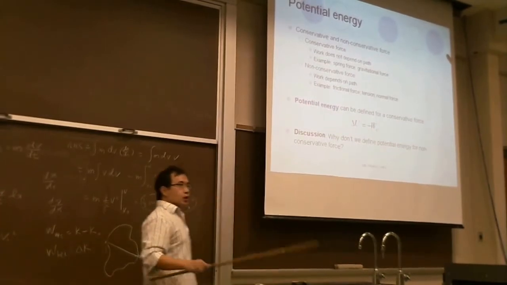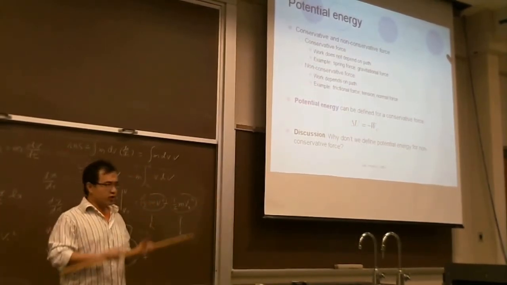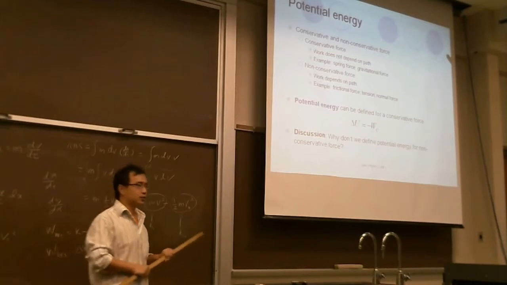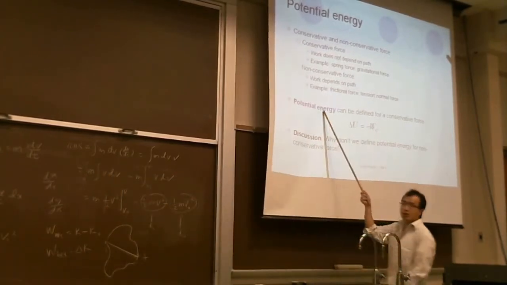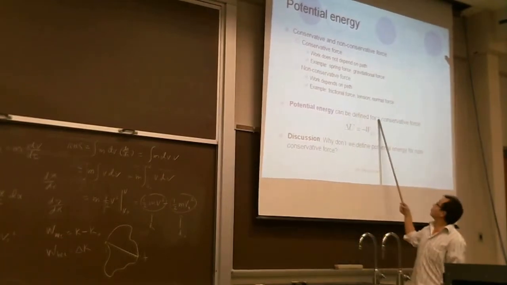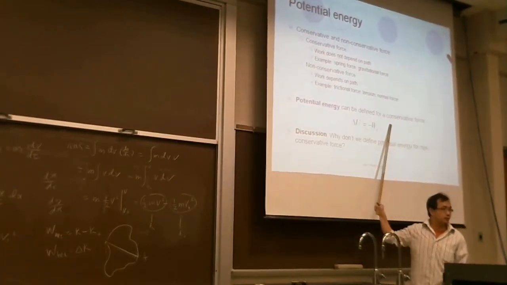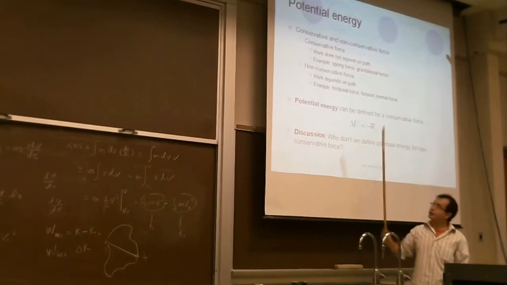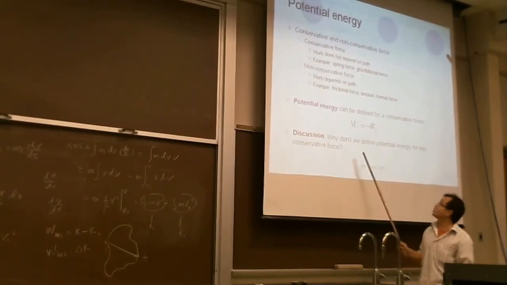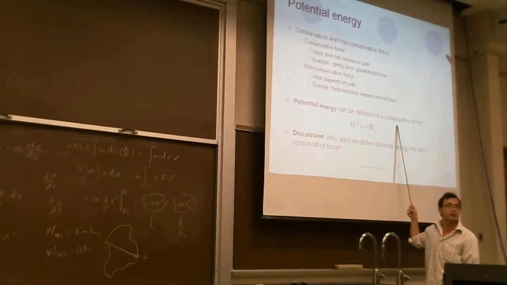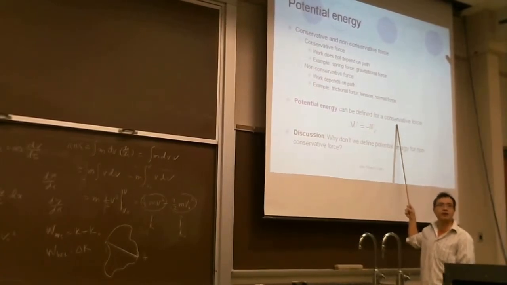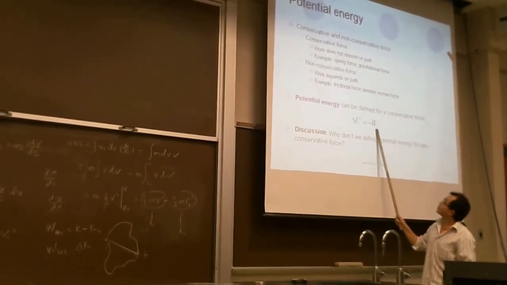The reason we want to distinguish the two kinds of force is that we can define the potential energy for conservative force. How can we define the potential energy? We say that for any conservative force, Fc, and non-conservative force, Fnc, you can calculate its work.